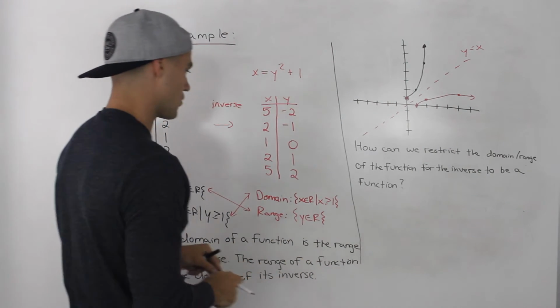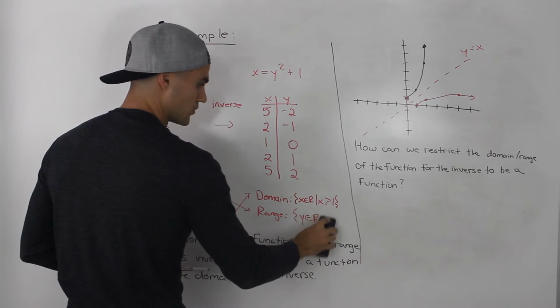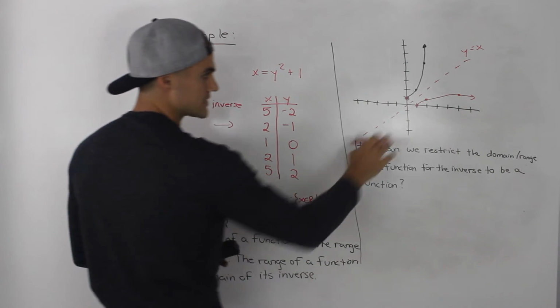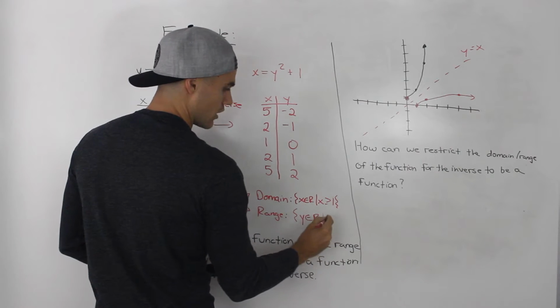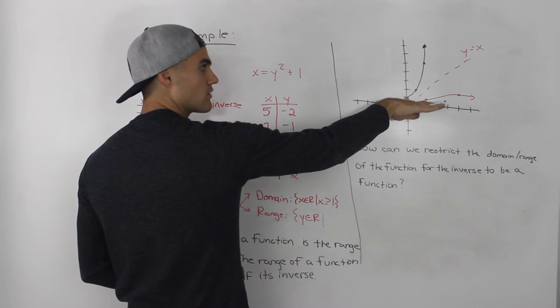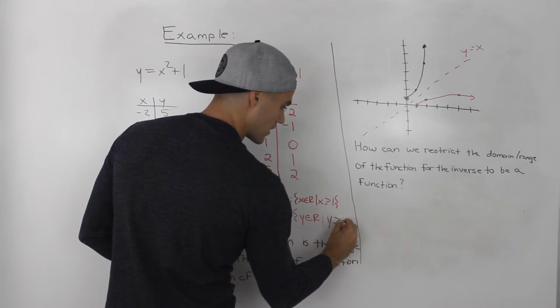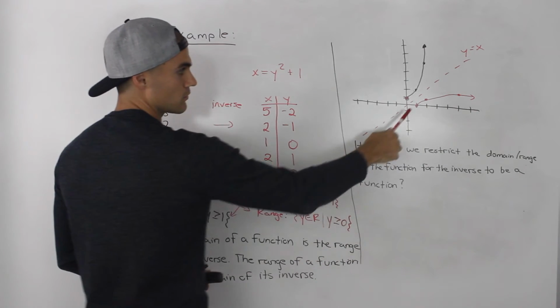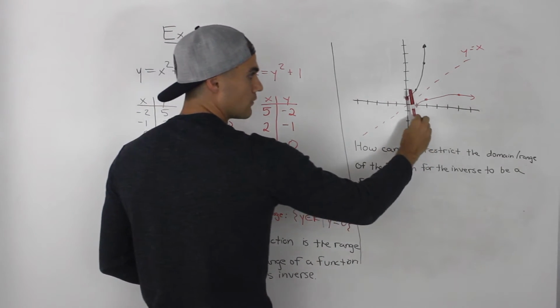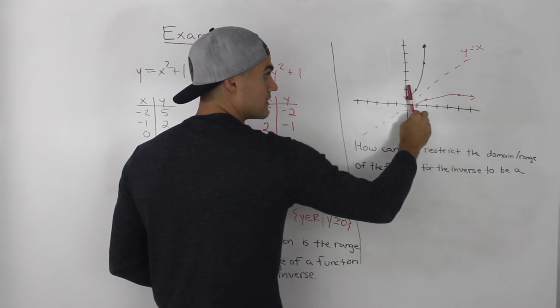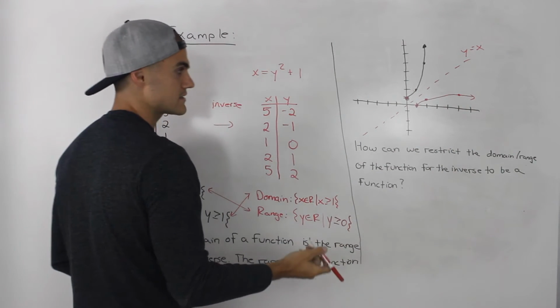And then we can also show this in the domain and range. So here we're restricting the range of the inverse to be y is greater than or equal to 0. Right? So y is greater than or equal to 0. We can't have any negative values, and now notice how the inverse is a function. It passes the vertical line test.